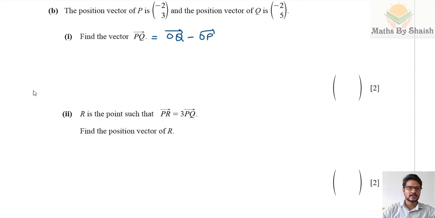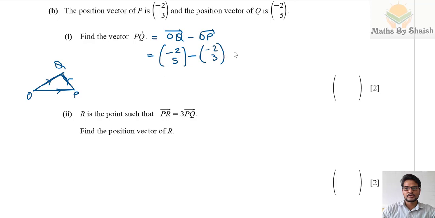If we have the origin as O, and let's say this is P and this is Q, then PQ is this, and that can be done by OQ minus OP. So OQ is (minus 2, 5), and OP is (minus 2, 3). Once we subtract, we get minus 2 plus 2, and 5 minus 3. So finally we got this as (0, 2).